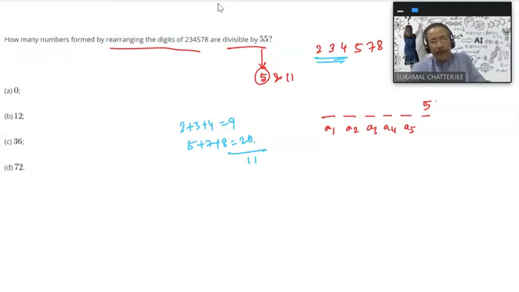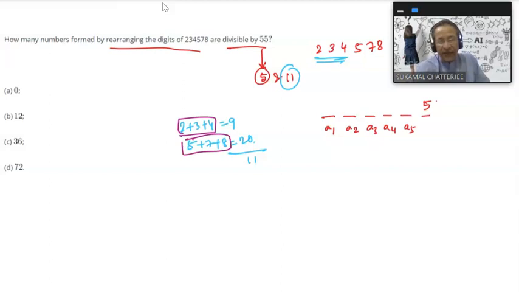Now, we know that if a number has to be divisible by 11, then you add up the digits in the odd places, you add up the digits in the even places, take the difference, and that difference has to be 0 or a multiple of 11. Now, this is one way in which we can get the number divisible by 11. So, one set of the numbers has to be 2, 3, 4 and the other set has to be 5, 7, 8.